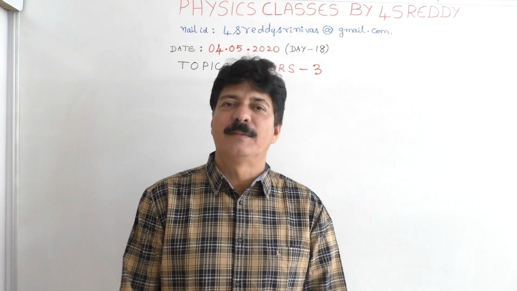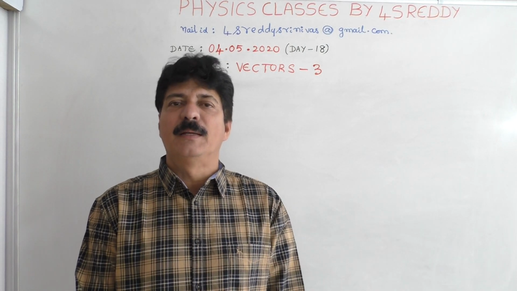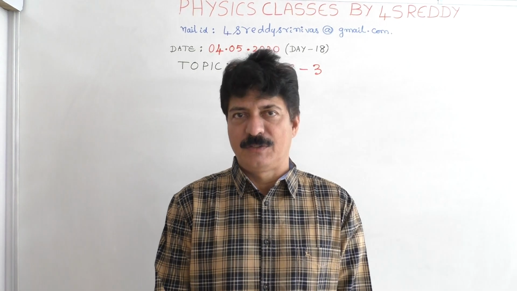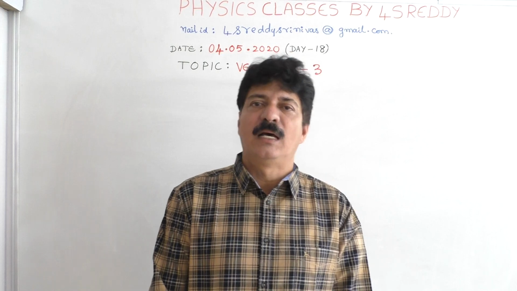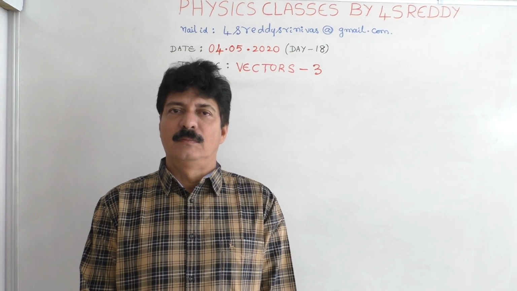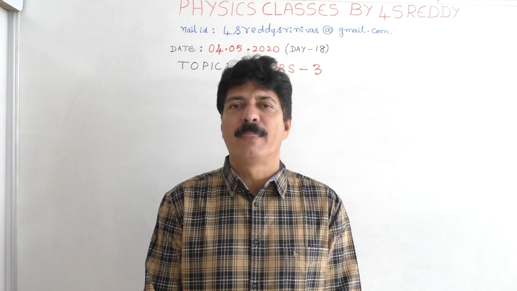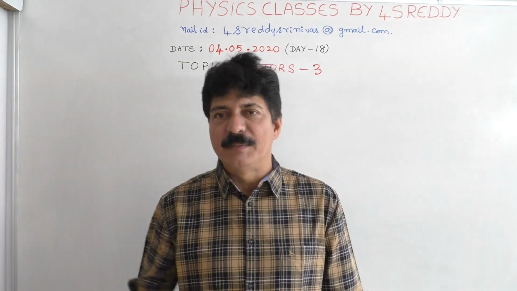Today's topic is the parallelogram law of vector addition. In the previous class, we discussed the addition of vectors. When the vectors are collinear, that means they lie on the same line, or are parallel or anti-parallel, then they can be added by a simple algebraic method.